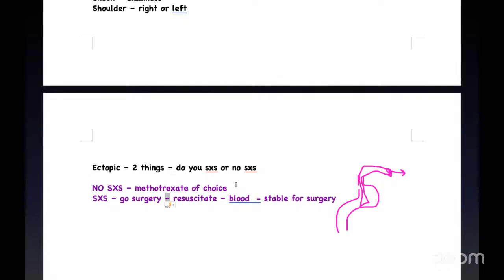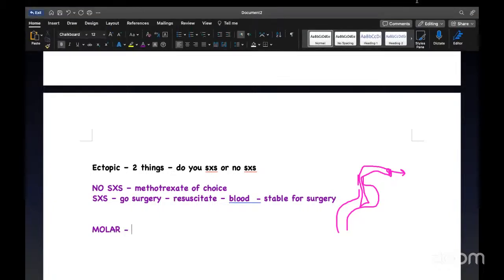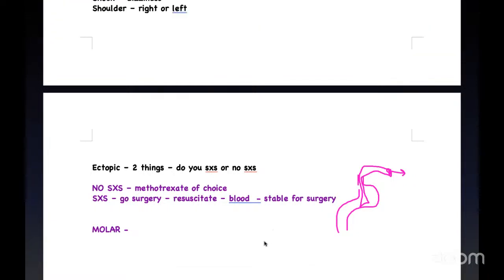Okay. And the last one before I go, the molar pregnancy. This is a hydatidiform mole. Basically, this is not a true pregnancy. The ovum and the sperm came together, they form a baby.